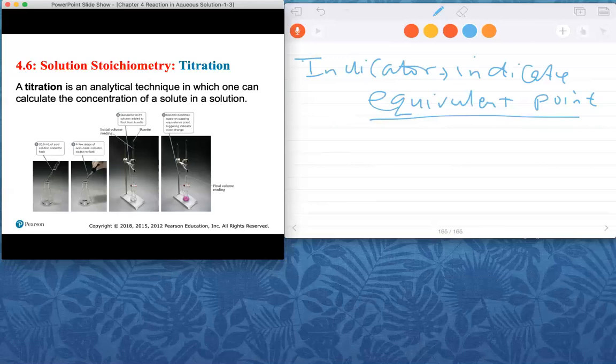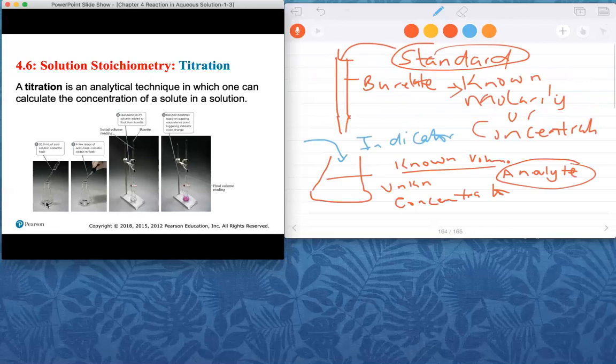Let me give you a scenario: if I have 5 moles in my analyte, I'm just making up that number, I will need 5 moles of the titrant if the mole ratio is 1:1 for complete neutralization.